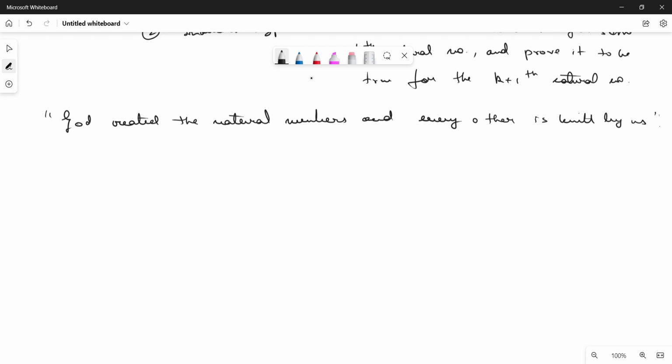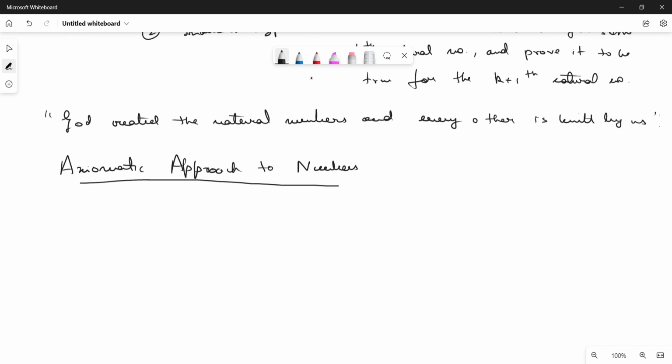There are a set of specific statements which have helped in building the natural number system, and we call those statements axioms. So this topic is often termed the axiomatic approach to numbers, and here we are talking about the natural numbers.